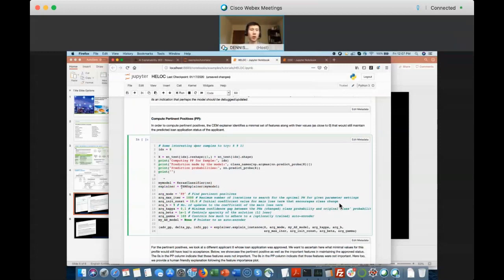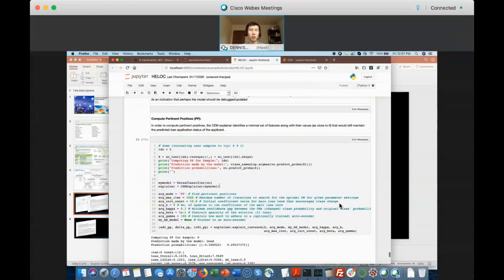So this code for calling CEM is basically the same as before, except now we've changed the mode to pertinent positives. So let me run that and then show you the results.